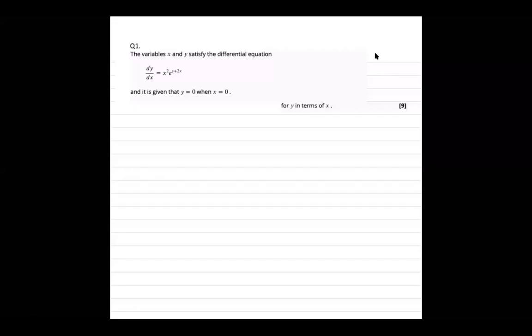So in this question, the first thing that we should realize is that you can write e to the power of y plus 2x as e to the power of y times e to the power of 2x. You can take 1 upon e to the power of y on the left hand side and integrate it with respect to y.